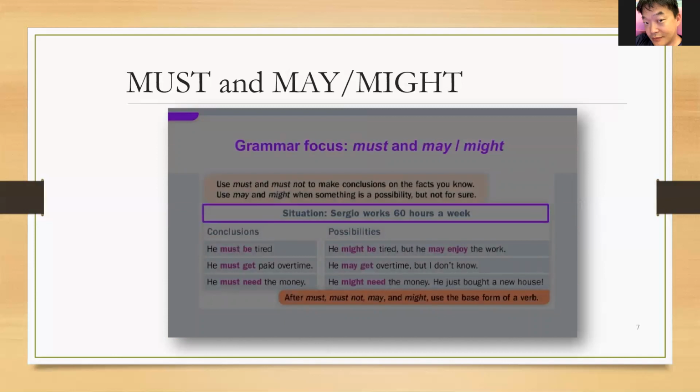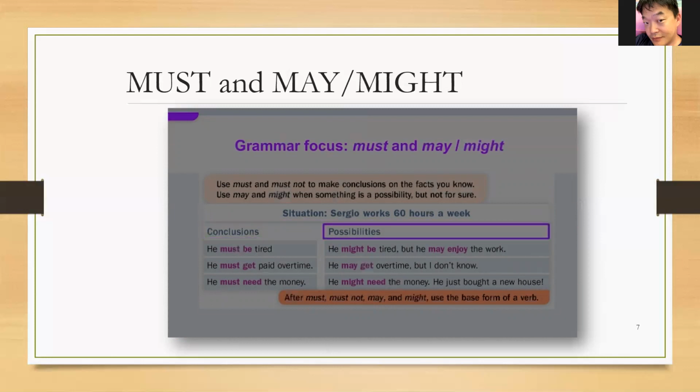Sergio works 60 hours a week. Conclusion. Possibility. He must be tired. He might be tired, but he may enjoy the work. He must get paid overtime. He may get overtime, but I don't know. He must need the money. He might need the money. He just bought a new house.